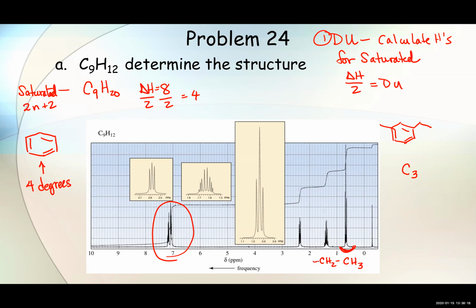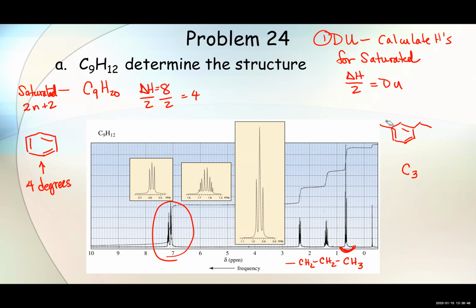And then you're looking at this one here, at 2.6, actually, not 2.4. How many peaks are here? 3, so that means it has 2 neighbors. So that's this one here, and then here is the ring.